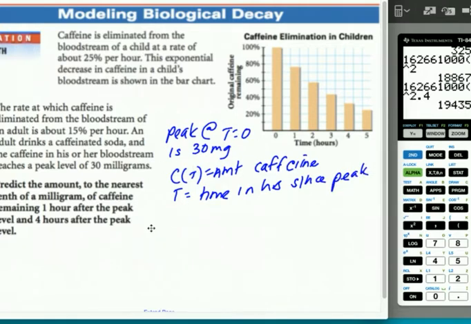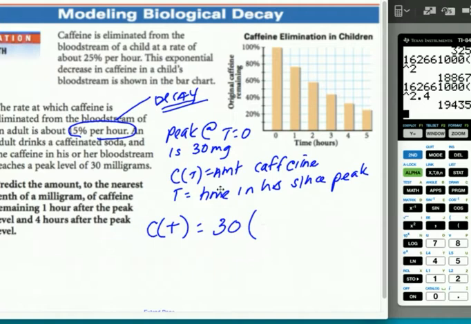So the caffeine in the bloodstream is going to be the starting amount, which is 30, and then we're decaying. So this 15% is decay. We're losing caffeine, not gaining caffeine. So the decay is going to be 1 minus 0.15, meaning that my multiplier is 0.85. One way to think about this is that if you're losing 15% of your caffeine, you are retaining 85% of your caffeine.